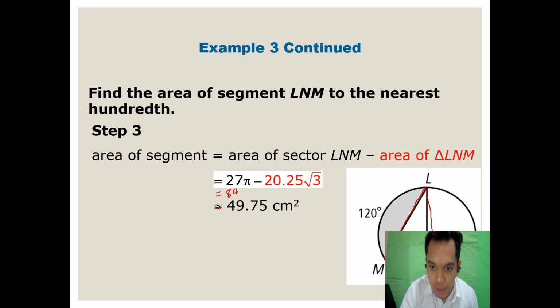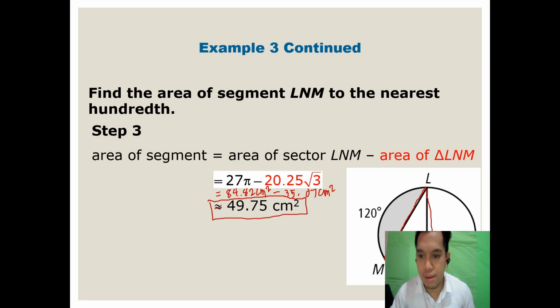Yung area ng ating sector, cm squared. Minus yung 20.25 times square root of 3, which is the area of the triangle, 35.07 cm squared. And the answer is 49.75 cm squared, the area of the segment. Okay?